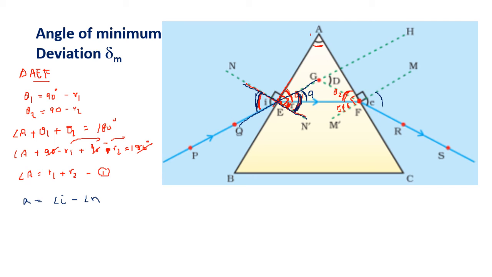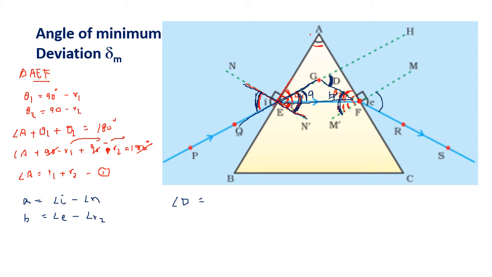Similarly, this angle and this angle, they both are equal, vertically opposite. Let me call this B. So B is equal to angle E minus angle R2. Now look at this deviation, angle D. If you look at this triangle here, this is the external angle. External angle is the sum of internal opposite angles.